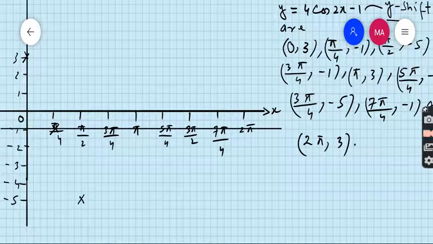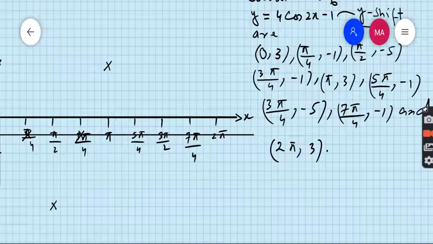When x is 3 pi by 4, the value is minus 1. When x is pi, the value is 3. When x is 5 pi by 4, it gives you minus 1. This is the value.